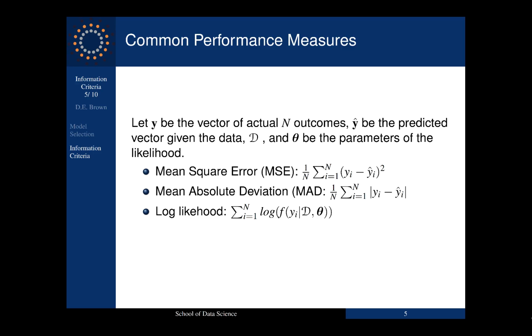And notice that unlike the first two, mean square error and mean absolute deviation, which we want to minimize, the likelihood is something we want to maximize. So we now have a maximization problem, but we can convert it to a minimization problem just by taking the negative of it. And for a lot of mathematical reasons, it's convenient for us to use a factor of 2. We call this negative 2 times the log likelihood the deviance. So we want to minimize the deviance.